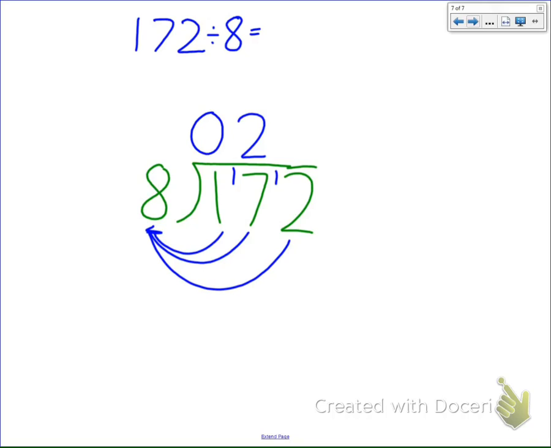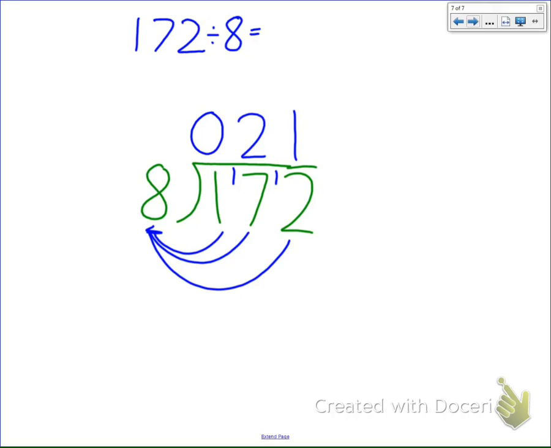It goes in once. How many remainder? 8 times 1 is 8, but we need to get to 12. Yeah, there's 4 remainder. Watch what I do.